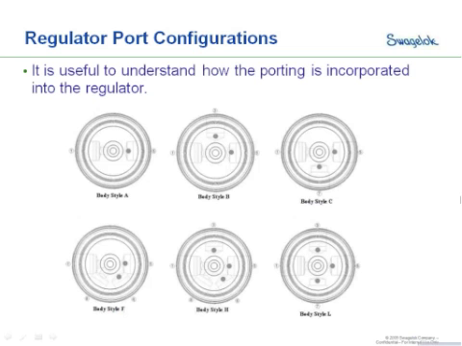So for instance, if you apply gauge ports to your regulator, but you're concerned about maybe hold-up volume for an analyzer, you're going to get significant hold-up volume in the regulator and into that gauge leg. So is it worth it to have the gauge in the regulator itself, or maybe is it worth it to have that gauge on a separate shorter T just downstream from the regulator? So things to consider as you're selecting what porting configuration to use.